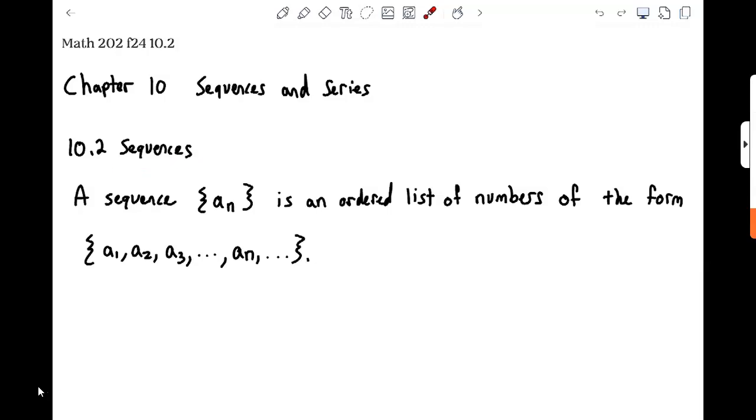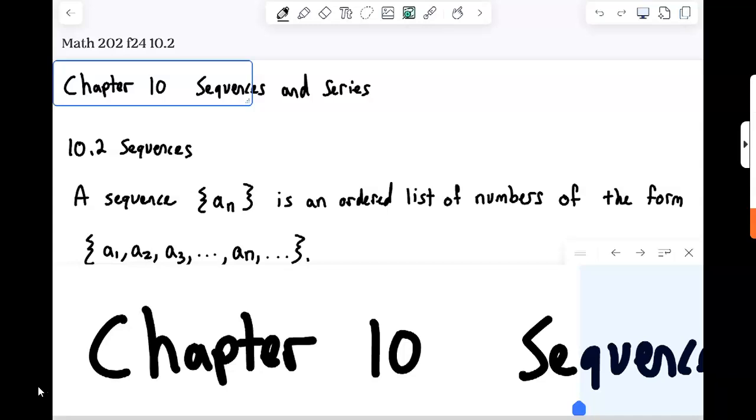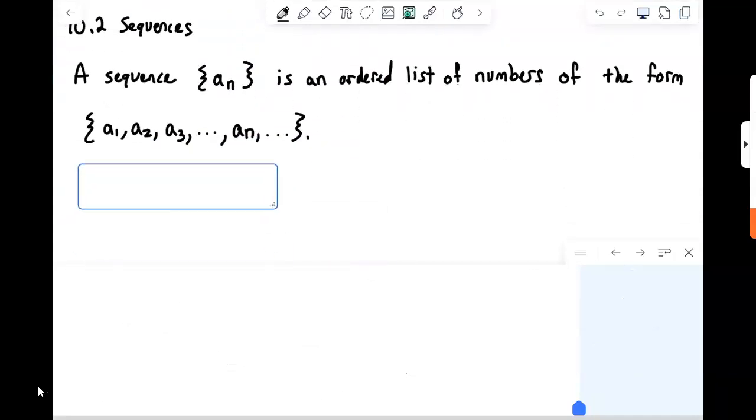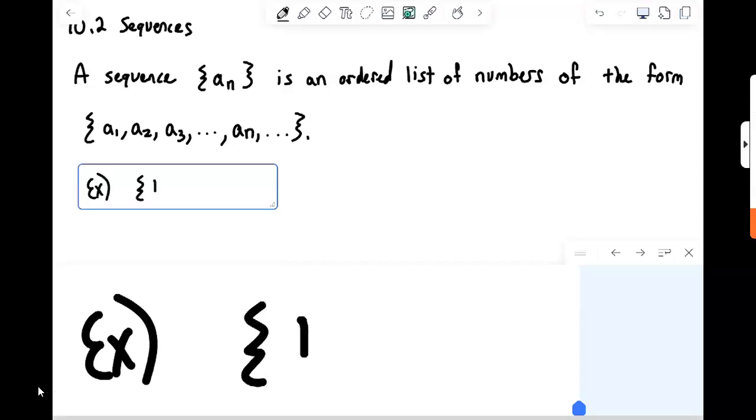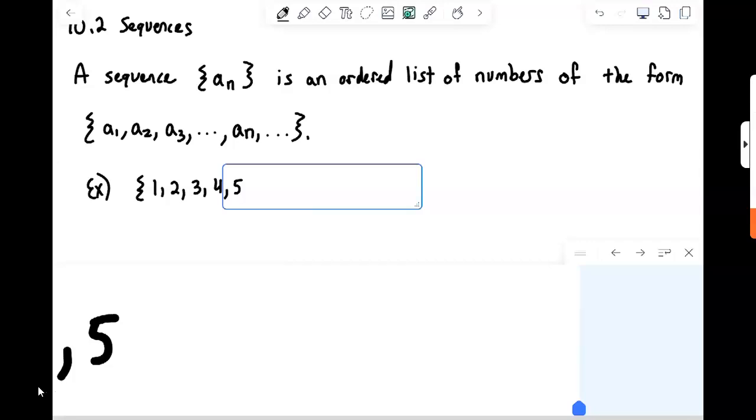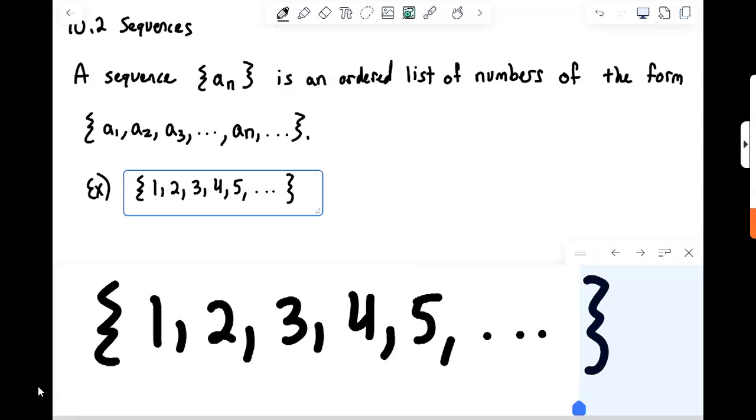Now, you've seen and dealt with sequences before. A lot of times you're asked to use sequences to notice and identify patterns. So here's an example of a sequence: 1, 2, 3, 4, 5.